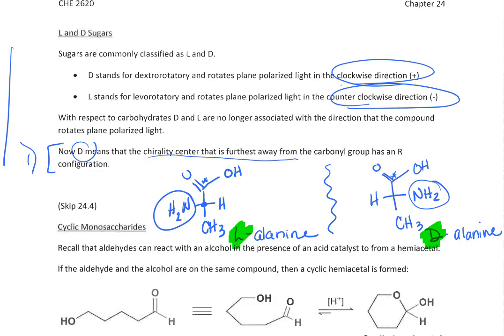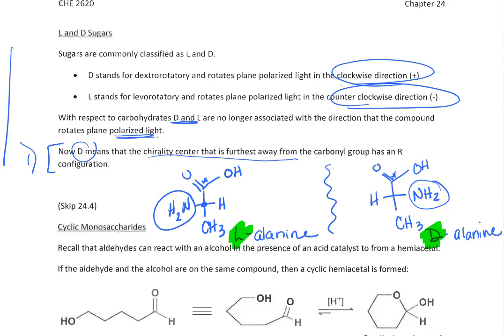And so we really don't correlate our carbohydrates with D and L and the direction that they rotate plane polarized light, because things like solvent or the temperature that you run your polarimeter at can make a difference. And so, of course, we want to avoid properties that are dependent upon other things. And so we usually just use D and L here.